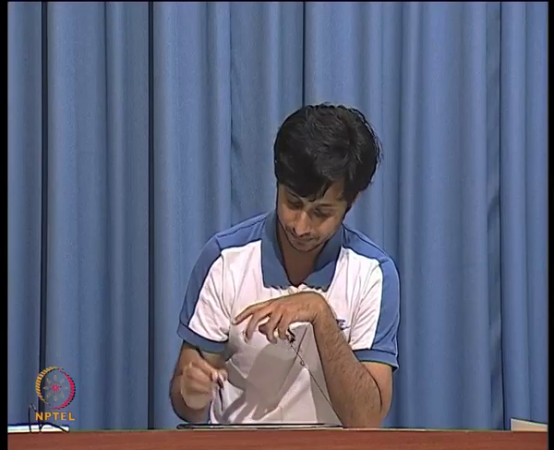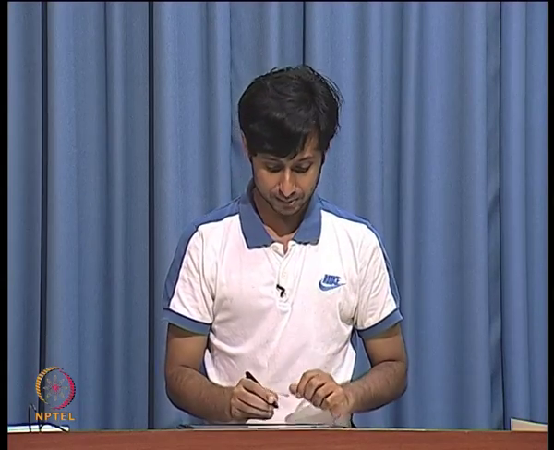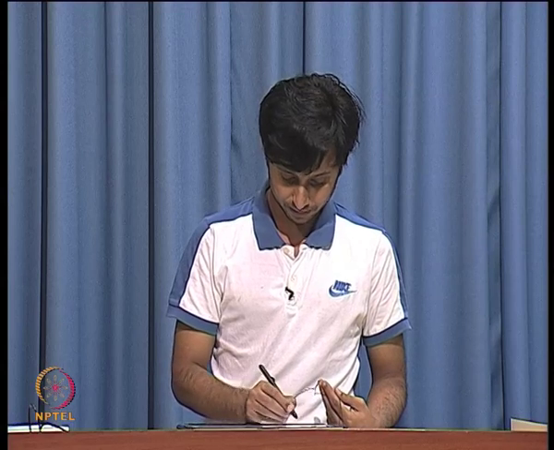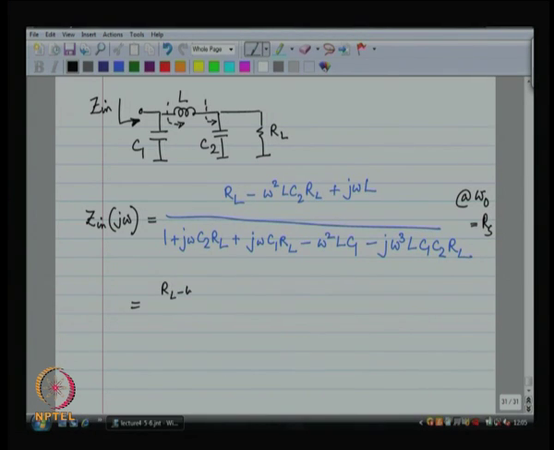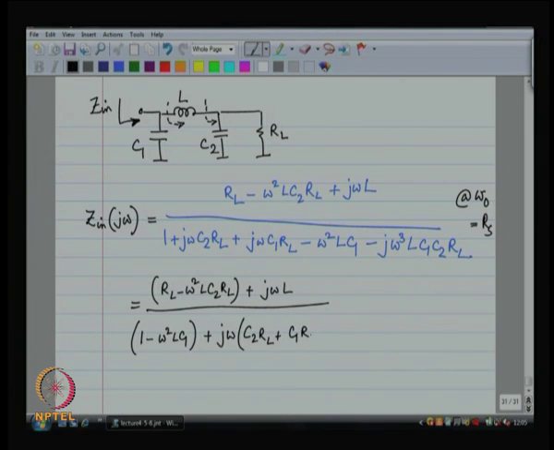How are you going to compute the bandwidth? So, this can further be simplified, you are right, this can be further simplified into having a real part and an imaginary part. So, I can club real and imaginary parts in the following fashion.